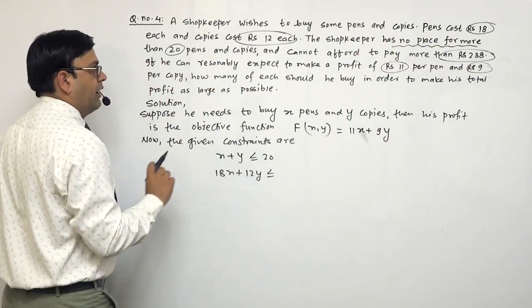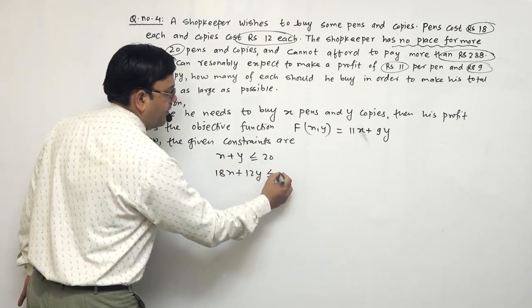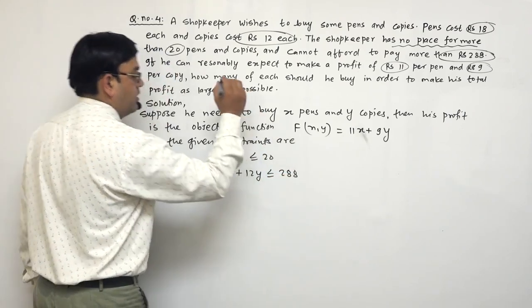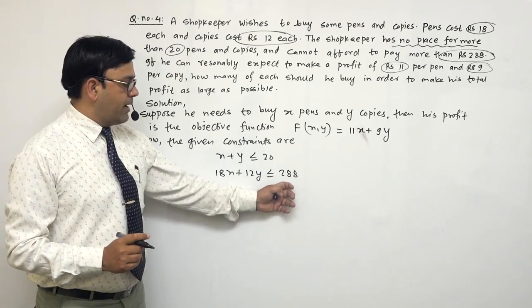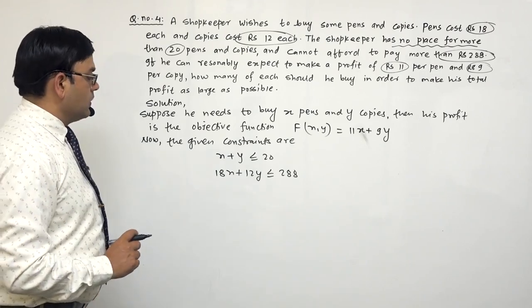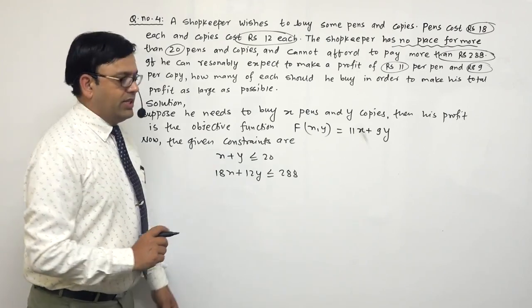So total money he has is rs 288. So he cannot spend more than this. So the maximum amount is this one. So this is another inequality.